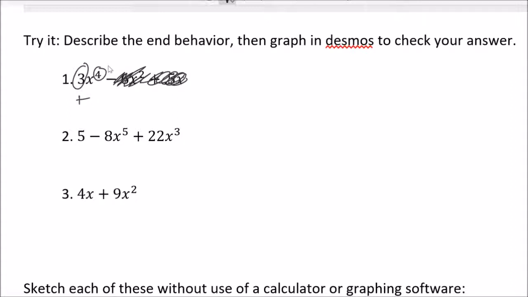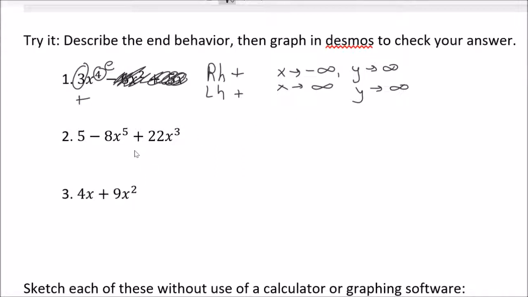The degree is even, and so if it's even and positive, what that tells me is that my right hand end behavior is that it's going to be positive, and that my left hand end behavior, since it's even, they're going to match, is also going to be positive. Or if you want to write it the way we did the fancy way, you'd say as x approaches negative infinity, y approaches infinity, and as x approaches infinity, y still approaches infinity.